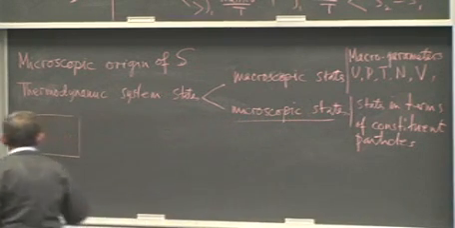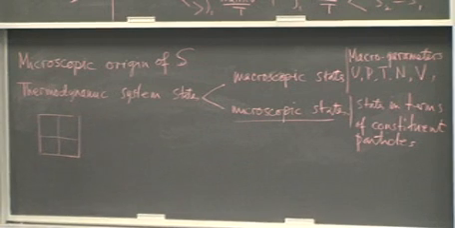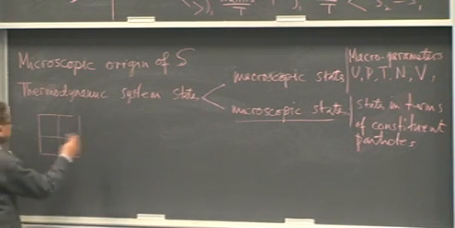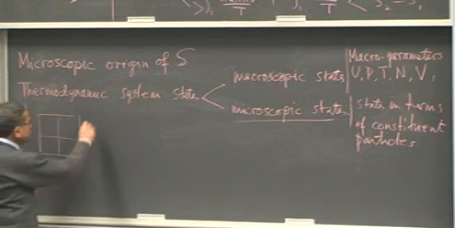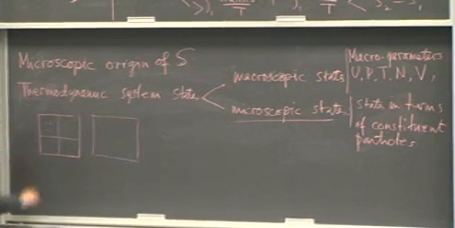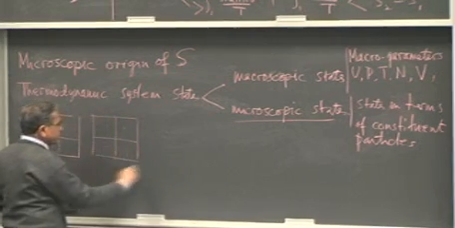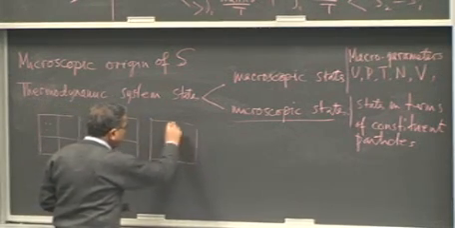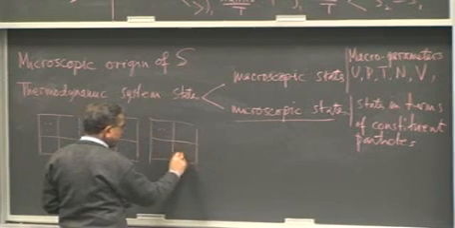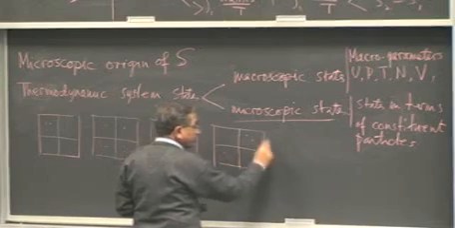If you have these 4 positions given by 4 boxes, and you have 4 particles to be accommodated in them, then you have this state replicated in several different ways: one in which all the 4 particles are here, another one in which the particles are distributed in this manner, another in which there are 2 here and 2 here, and so on.